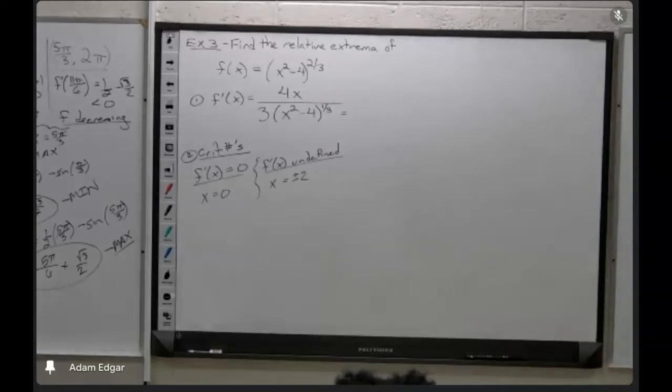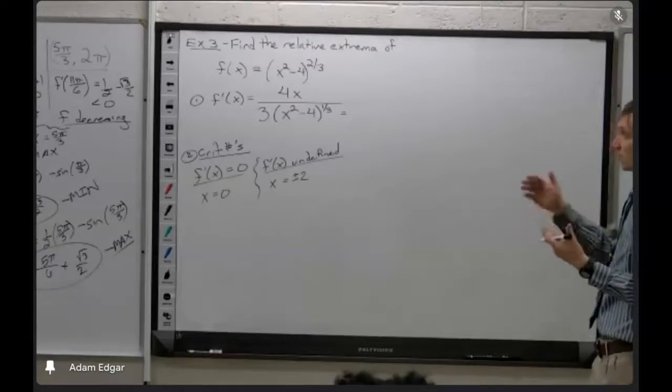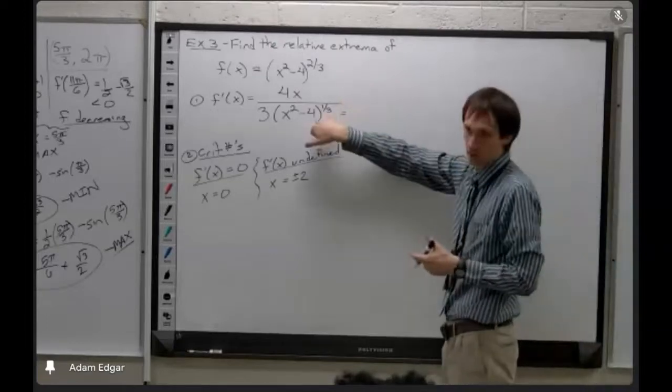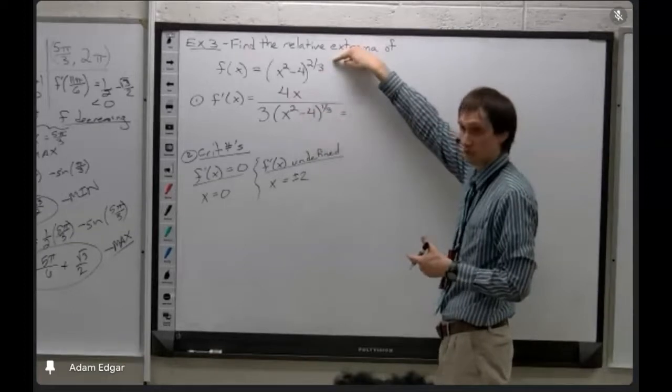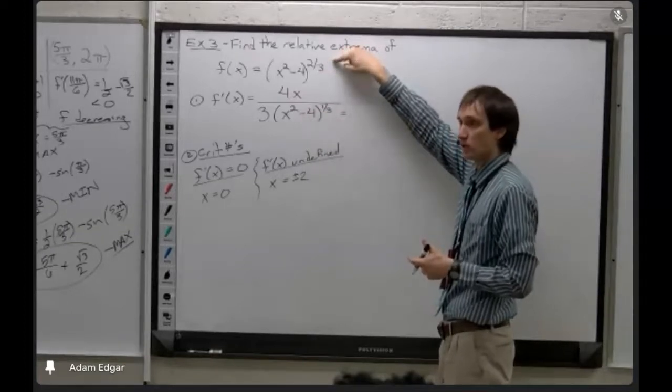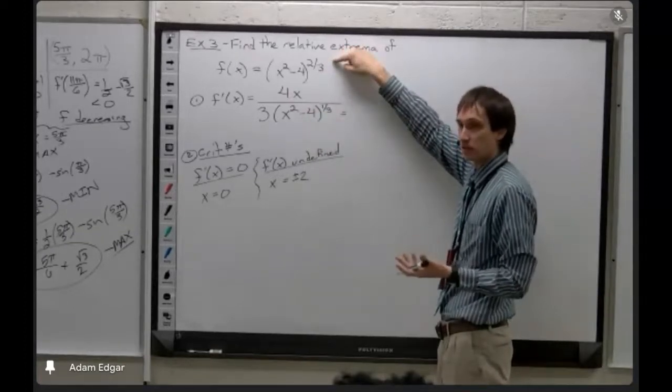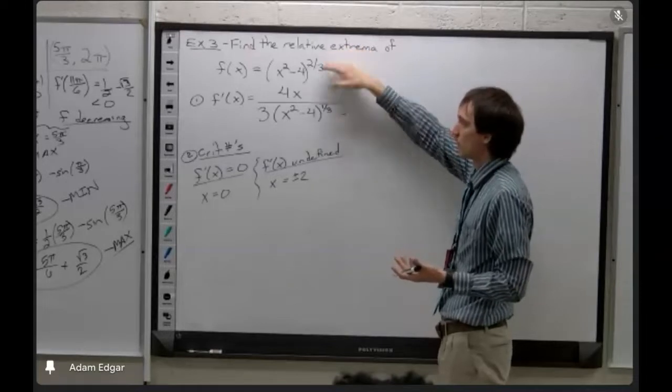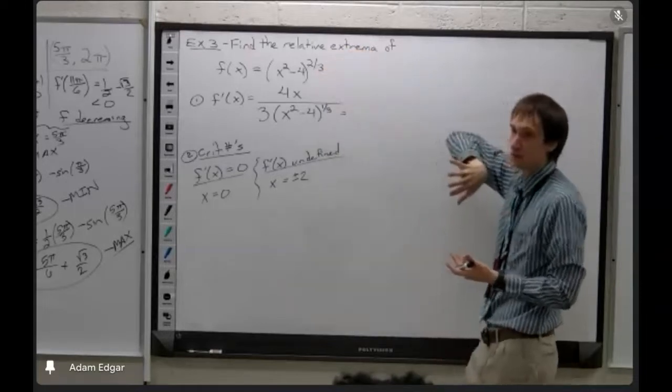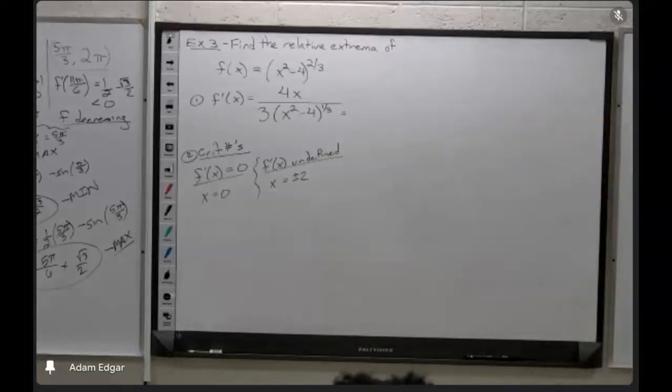Are they critical numbers? Technically, because it makes the derivative undefined, but it's not even in the domain of the function then. If this is a square root down here, it must have been some sort of even root originally, so that number would be cut out of the domain anyway. It's not going to be a point on the graph at all. That's a subtle little nuance to worry about if it ever happens, but it probably won't.